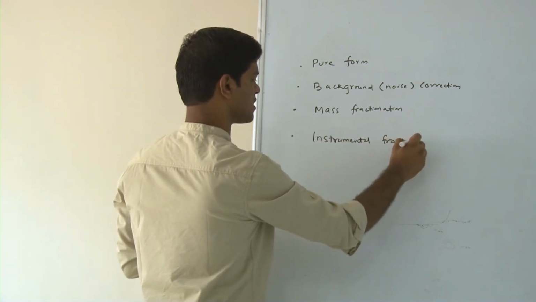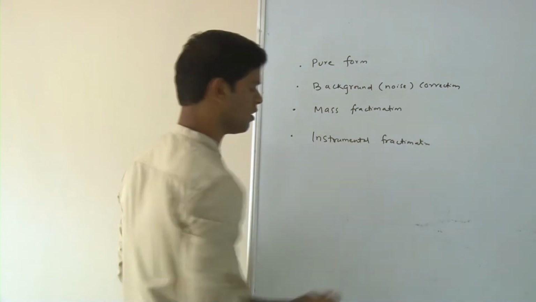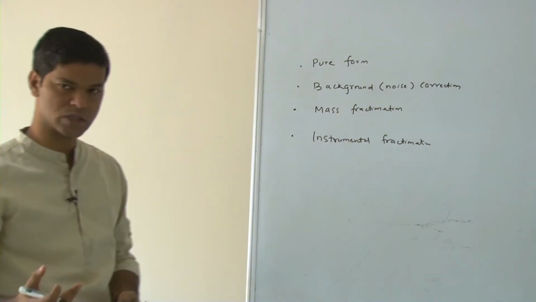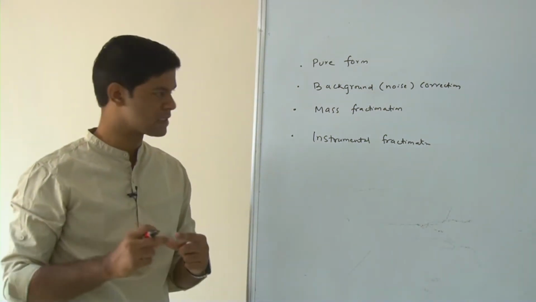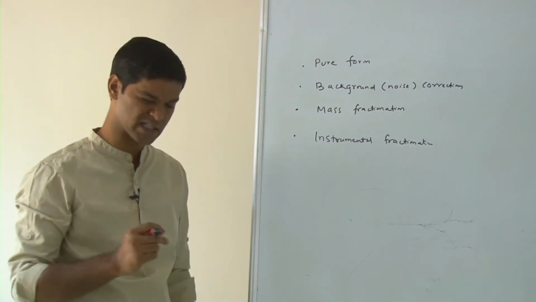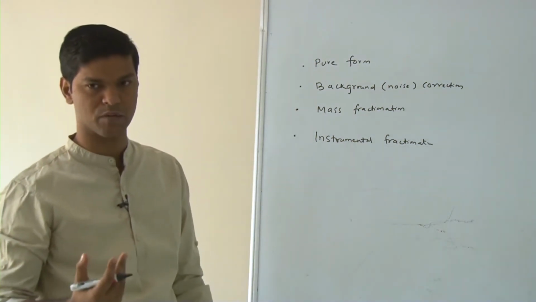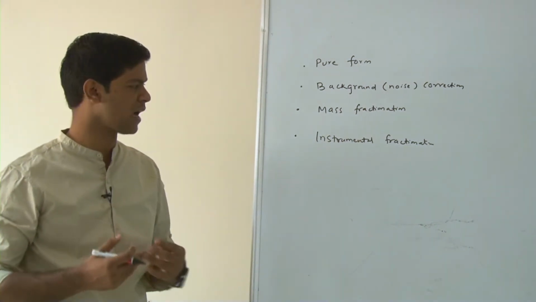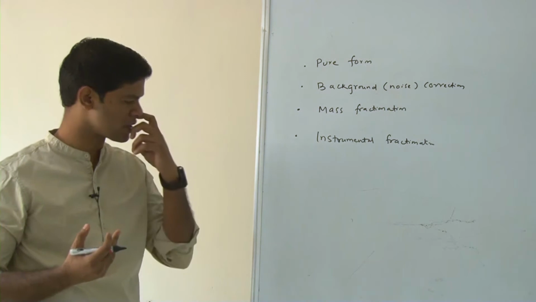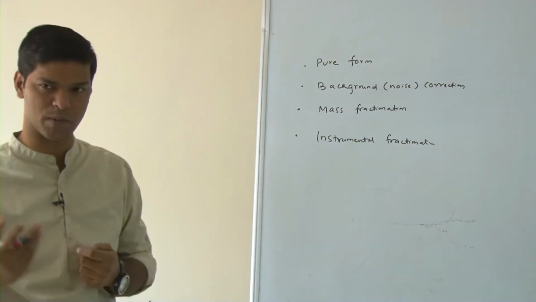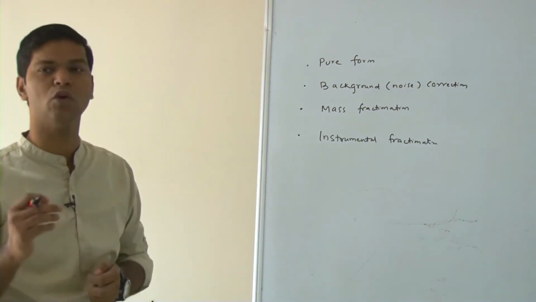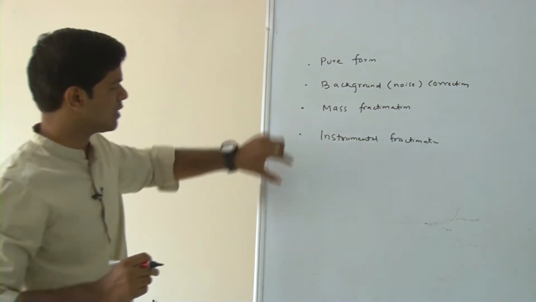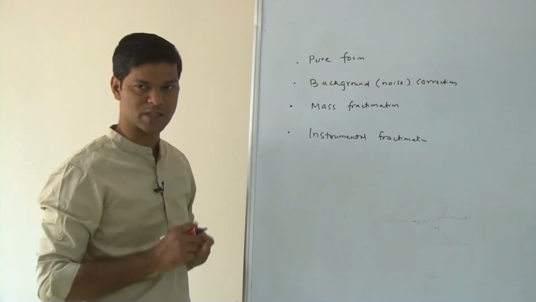And this fractionation can be because of the continuous pumping that is going on, and the slits that are there, they can remove a certain fraction of it. There are various kinds of fractionation which occur in an inductively coupled plasma mass spectrometer, and you need to correct for those things. They are slightly different compared to the mass fractionations.